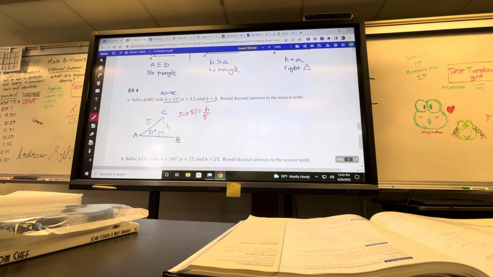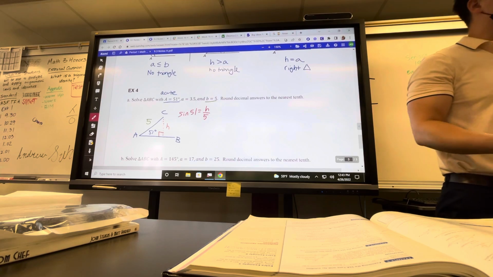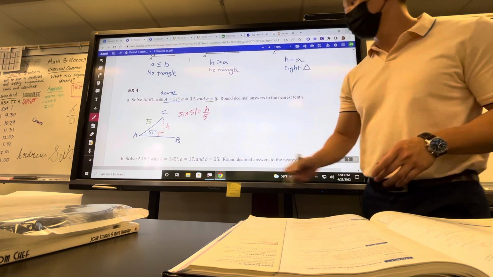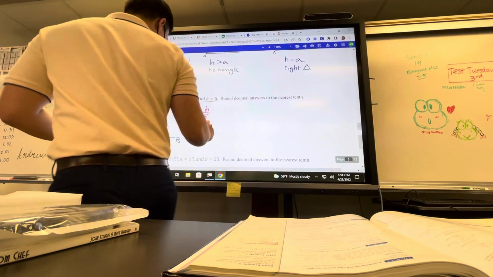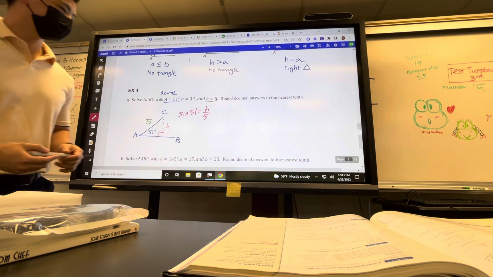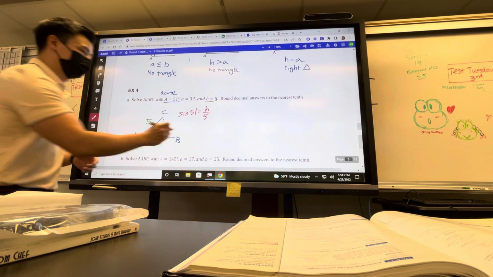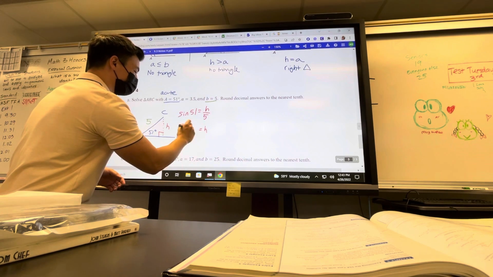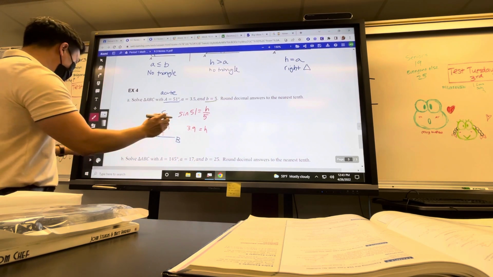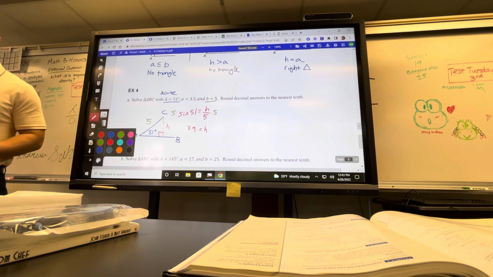So if we plug this into our calculator, 5 times sine of 51, what's our height come out to? 3.9. So our height here is going to be equal to 3.9. Again, we're multiplying both sides by 5 to isolate the height.